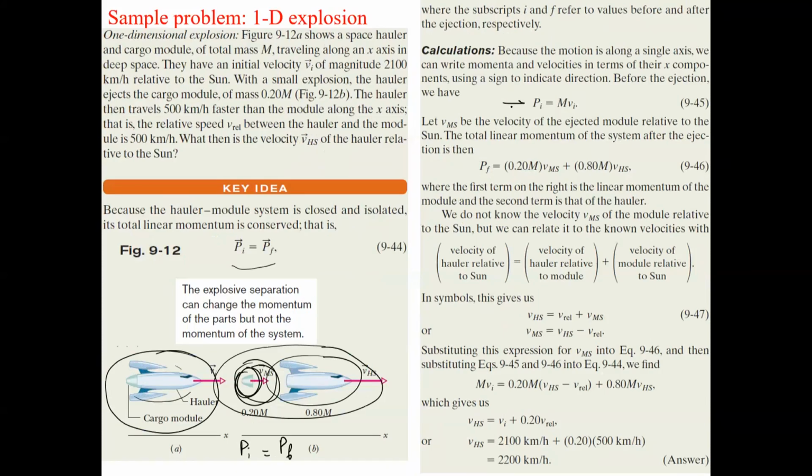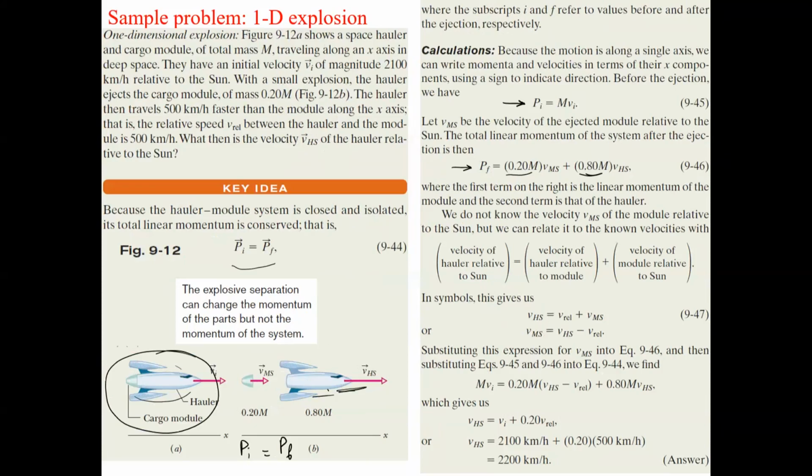P initial is the total mass of the rocket with the module times its initial speed. P final will be for each part separately. So I'll take the mass of the module, which is 0.2 of the total mass, times its speed, plus I'll take the whole mass here of the rocket alone, which is 0.8 of the total mass we had earlier, times the speed of this rocket or hauler.